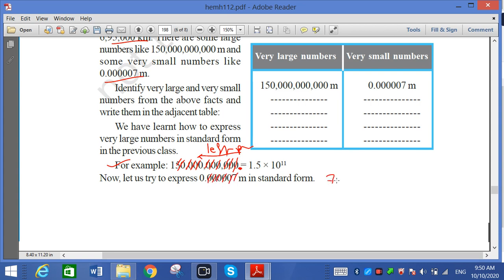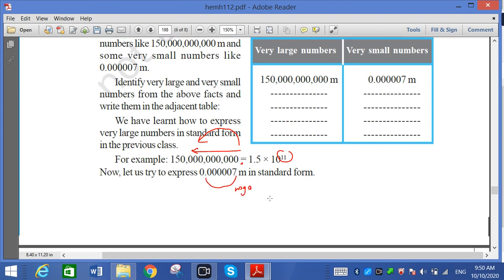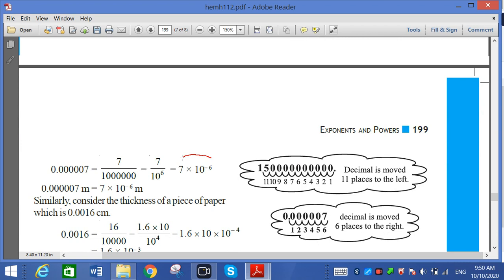So 7.0 into 10 to the power minus 6, because we shift the decimal from left to right. Always remember, if it goes this way, positive power. The point is here. Now if the point shifts this way, then positive. If the point is from here, then the power is negative.